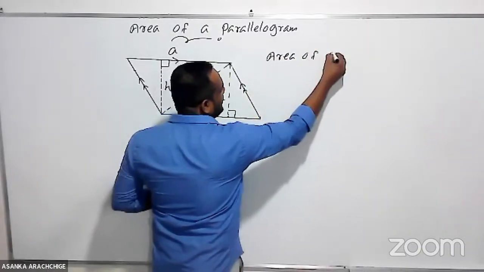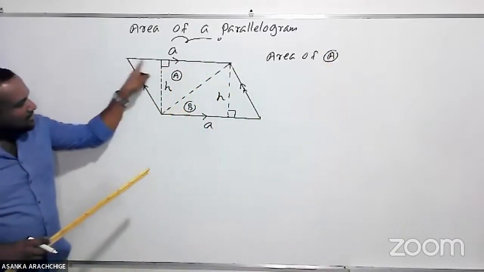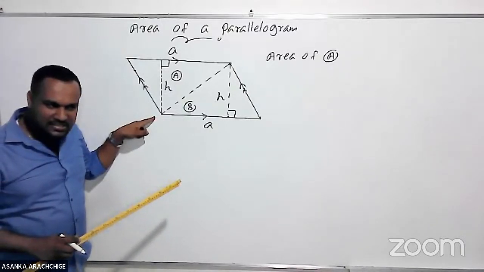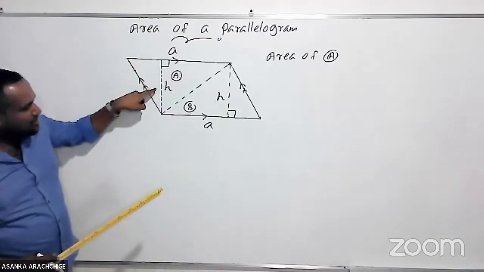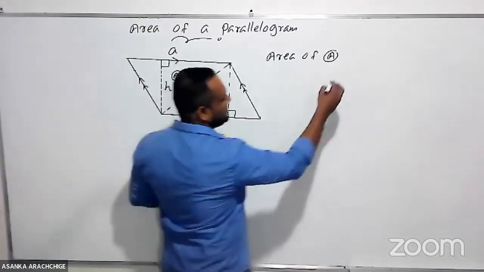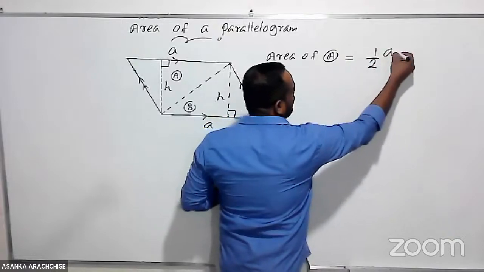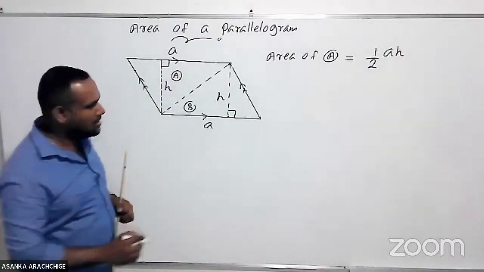Area of A. A is a triangle. That is what we discussed a short while ago. Half into base into perpendicular height. That is equal to half AH. Clear?